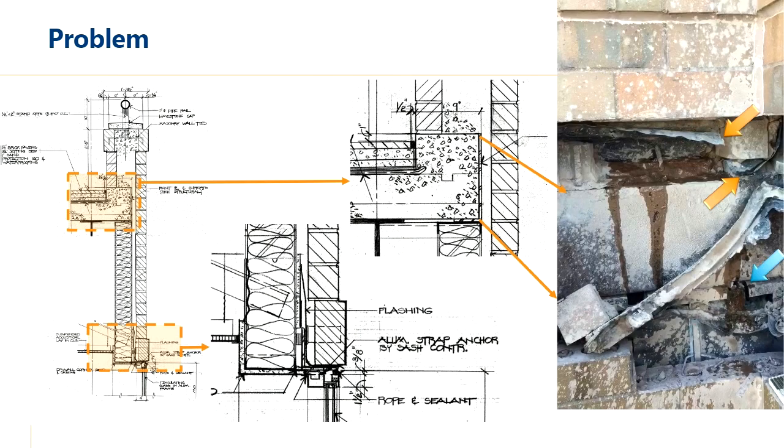So the main problem that we wound up having, if you look at the section on the left, initially when we got involved, a contractor was involved. They had replaced a soldier course, a vertical brick that's sitting above the window at the bottom of the section on the left. They had gone through and replaced that flashing, but it was still leaking. And so they had opened up higher up at the floor level.